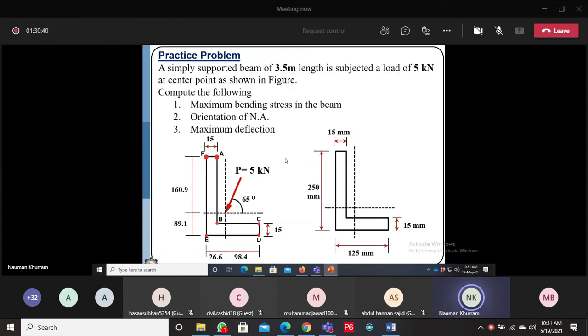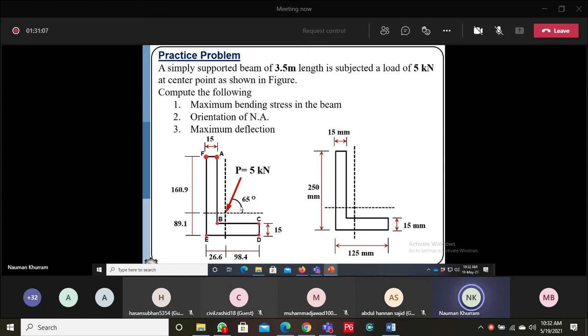Okay, next, there is one practice problem for you. In this practice problem, I have changed the dimensions of this angle section. The length of the angle I have given is 250 millimeter and the width is 125 millimeter, and the thickness of the angle section is 15 millimeter. I have also already provided the centroidal points.